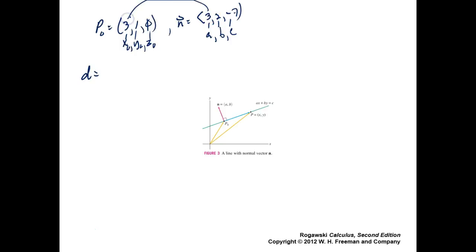Yeah, multiply them. That will give you 9 plus 2 plus 0, so that's going to be 11. So there's a D, okay?